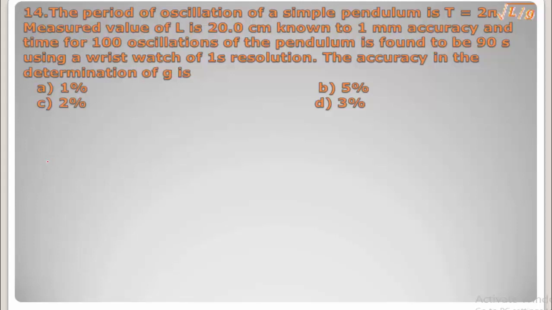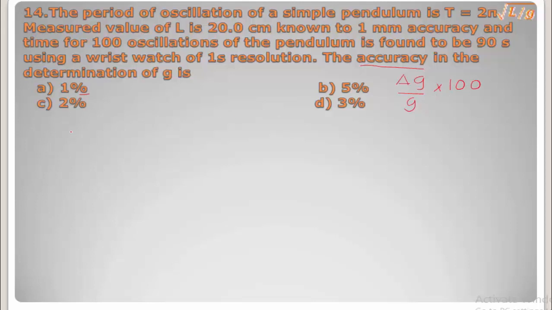The accuracy in the measurement of g is? Okay, see the options. The options are in percent. Hence, the accuracy means you have to find the percentage error in the g value, that is delta g by g into 100.